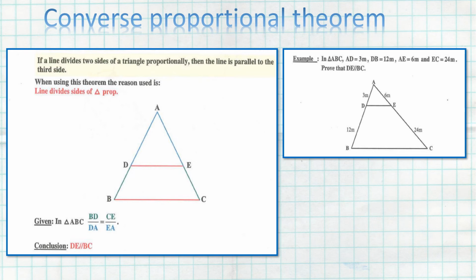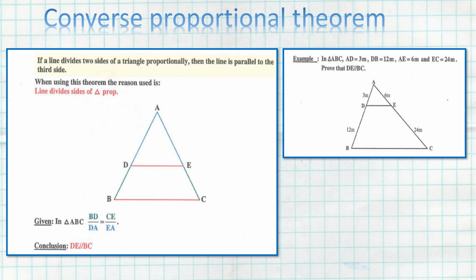Okay, so the converse goes like, if a line divides two sides of a triangle proportionally, then that line is parallel to the third side. That's it. So remember, the theorem itself stated that if a line is drawn parallel to one side of a triangle, then it will divide the other two sides proportionally.